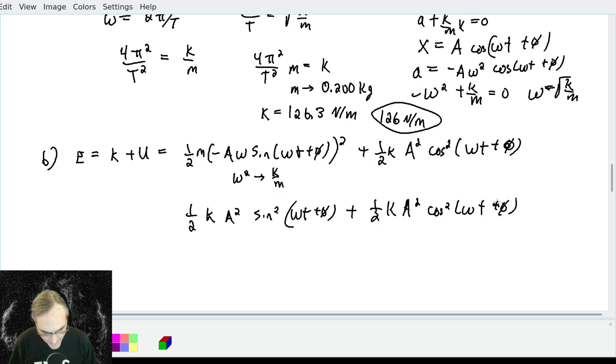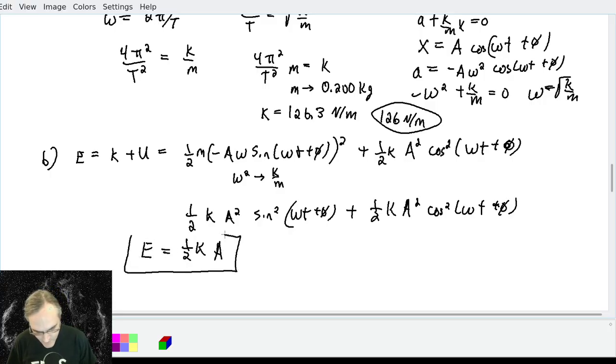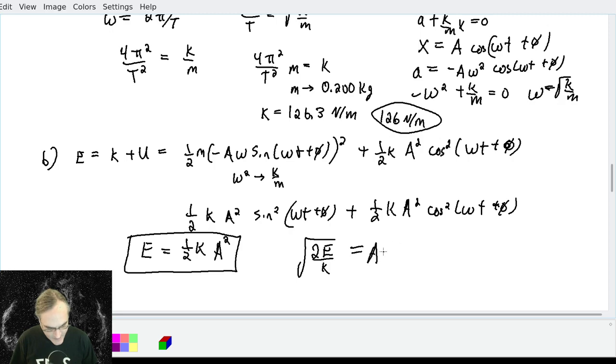And since we have common factors, the 1/2 K A squared can be factored out in front, and it leaves the sine squared plus cosine squared, which is equal to 1, by a nice trig theorem. So we know that the total energy looks like 1/2 K A squared. We're given E, and we know how to find the K. So 2E over K, take the square root, will give us A.